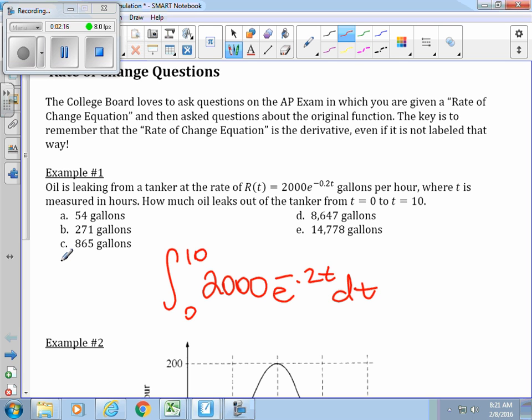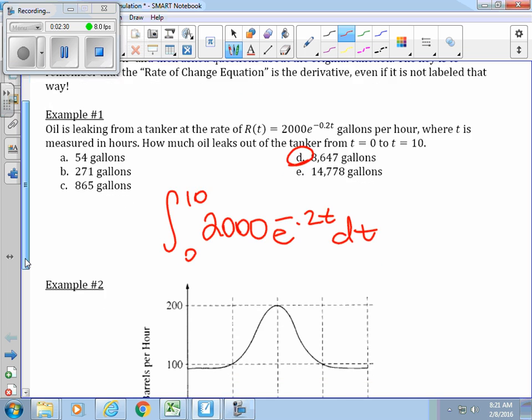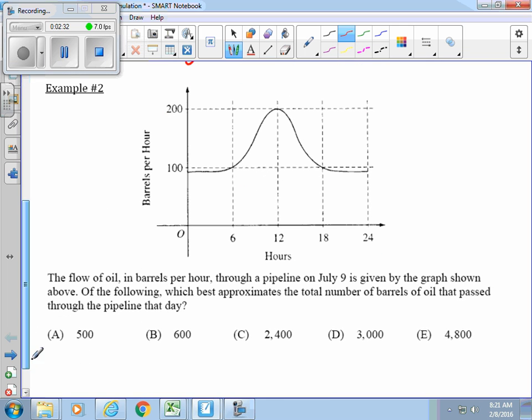So type that in the calculator. What do you get? And so based on the answer choices, it must be D. Any questions about that one? Okay, example number 2.